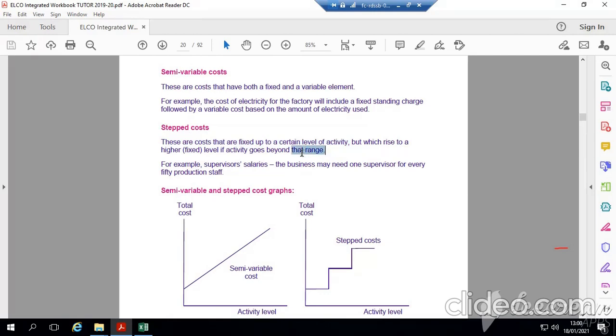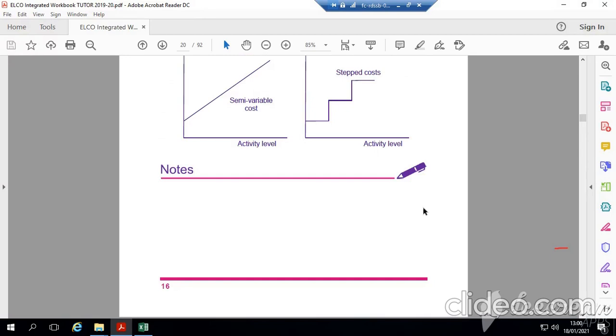Beyond the range. For examples, supervisors' salaries.